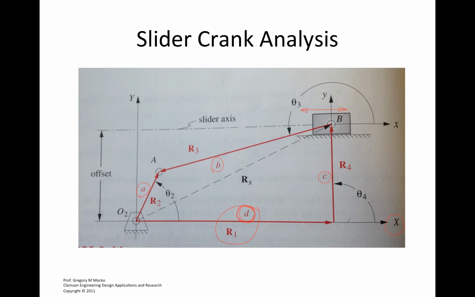The distance between x and this x-coordinate system will remain the same, but what changes is the distance from this origin to point B. This is what we're calling an offset slider crank. It's offset because R4 has a value C.